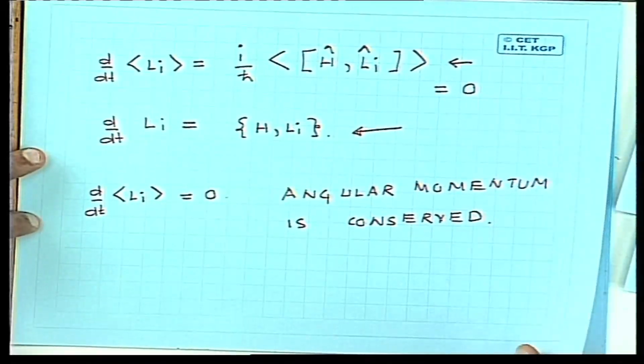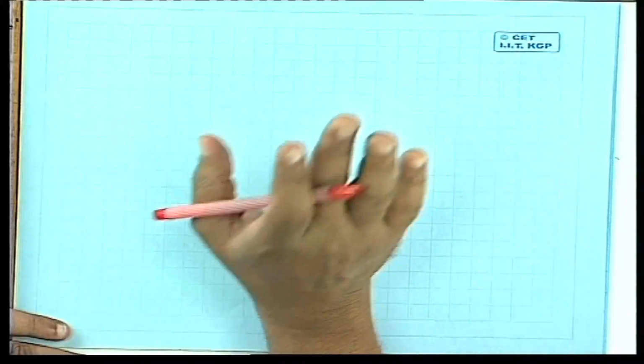Now let us look at another consequence of this fact. The second consequence arises from the fact that the different components of angular momentum do not commute. All of them commute with L squared, and as a consequence the expectation value is conserved in a spherically symmetric potential, but they don't commute amongst each other.